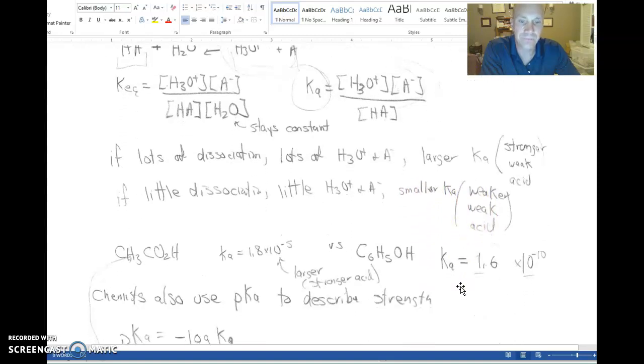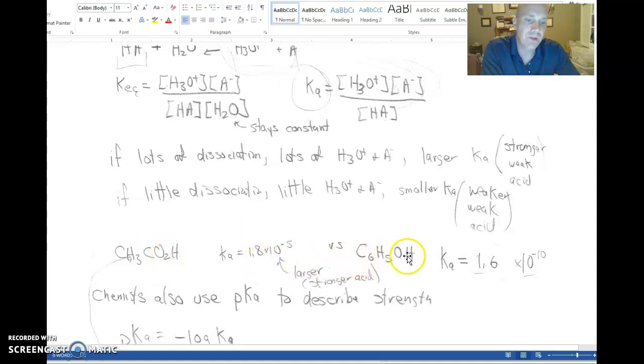So, some examples of this. A relatively stronger weak acid would be something like acetic acid. This is the Ka. If you did this for acetic acid, the A- would be everything there except for the H, and it would have a negative charge, and on the bottom it would be exactly this right here.